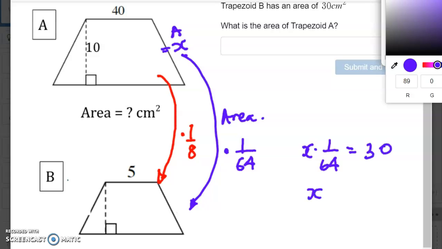So what was my original area? It's going to be 30 times 64, and that's going to be 1920. So 1920 centimeters squared is my area.